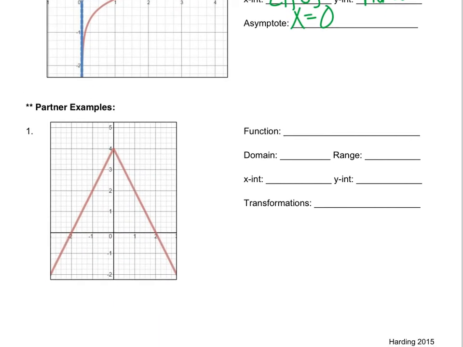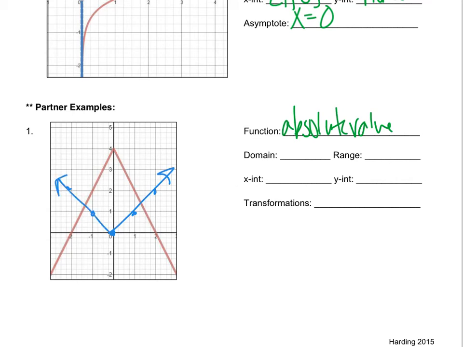Hopefully, absolute value, we recognize V for absolute value. And this graph definitely has changed. Notice that the parent graph is not drawn in, but of course you can always draw it in if you would like, if it helps you see the transformations.